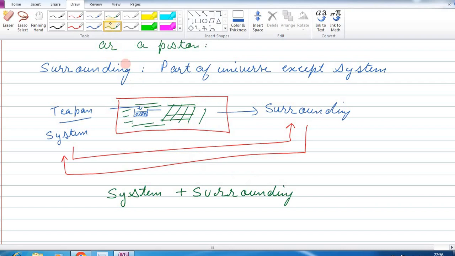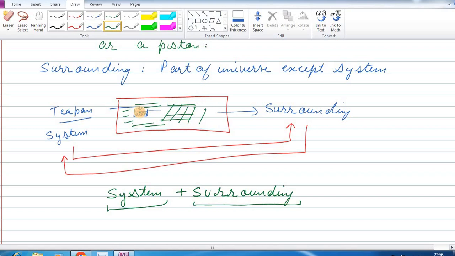But I have to be apprised of the properties of the surrounding as well, because if you are going to light a fire to prepare a tea, then that area should be calm. There should not be wind flowing in that area, because it will be difficult for me to light a fire in a windy place. So the surrounding plays a very important role in deciding the property of a system.